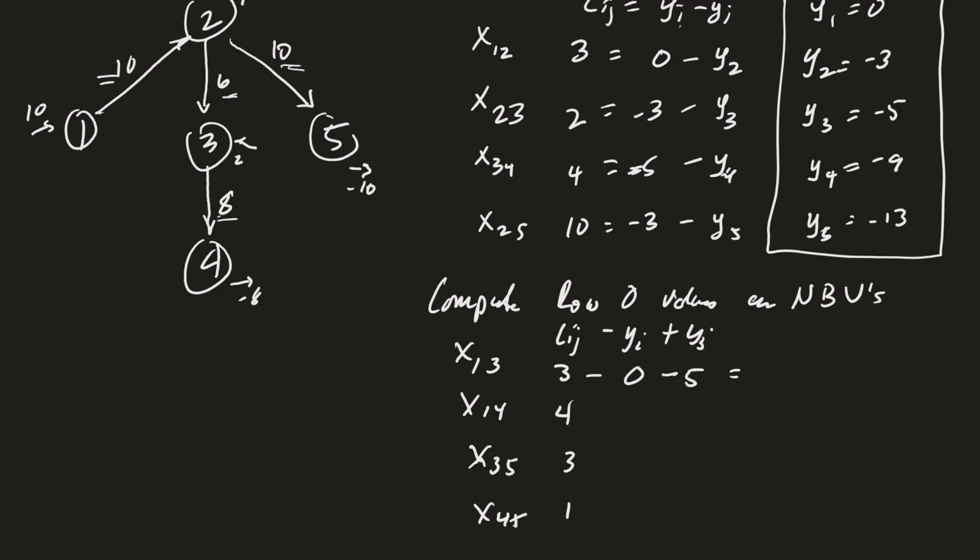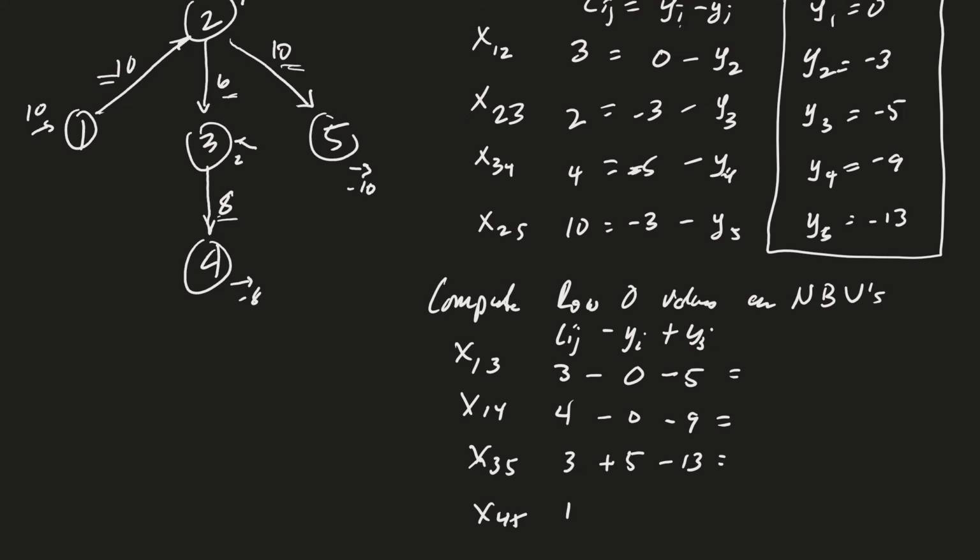Let's see, x14 is going to be using y1, which was 0, and then y4, which is negative 9. And then 3,5 is going to be using y3, which is minus 5, so that's negated, right? And then minus 13.